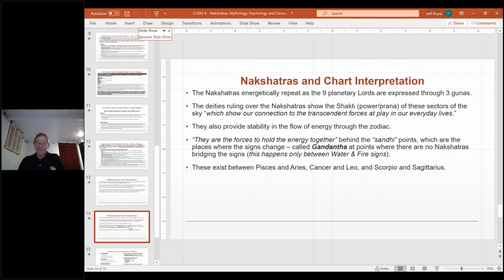And both of my children have Magha, and my granddaughter has Magha, and my son's wife has Magha. Interesting. And I was noticing that my son-in-law, my daughter's husband, has Purva Phalguni.